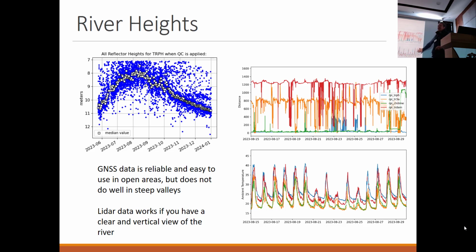Air temperature and river temperature are probably the easiest things that we get to measure, because you don't really have to worry about something getting in the way between your sensor and the river. The main thing that makes this data a little bit trickier is when you have a lot of sunlight, right? So if you have a lot of direct sunlight coming onto your sensor, then you get these 40-degree temperatures.